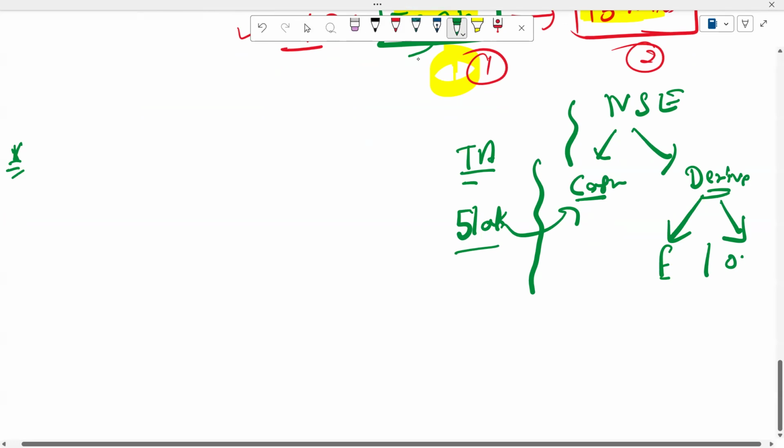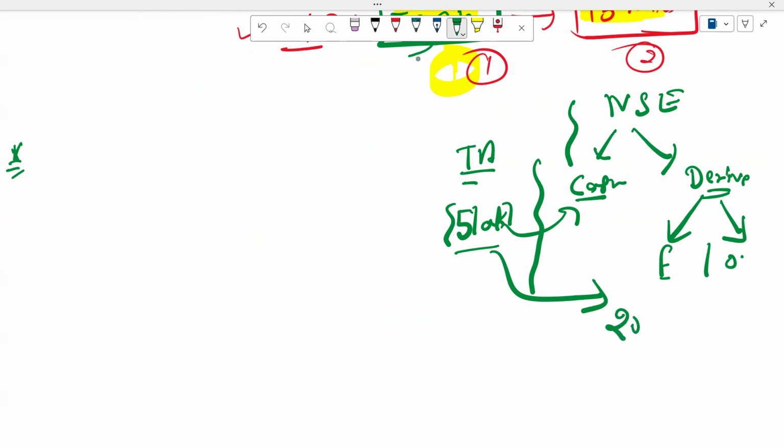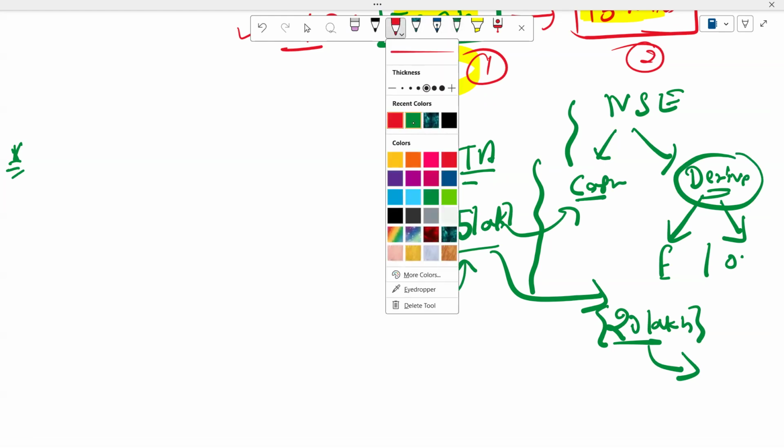If with these 5 lakh rupees you can buy 20 lakh worth, your profit and loss will be on the 20 lakh, but you are just paying the 5 lakh. That's why this is the derivative market. So be in the derivative market if you are doing technical analysis.